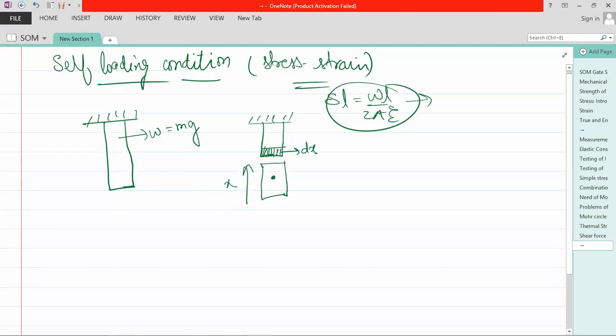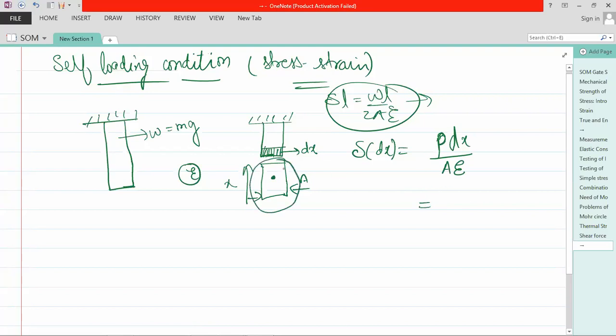Suppose this is a separate element, the cross-section area is A, and E is the modulus of elasticity. Now, what is the elongation of the dx element? That is P dx upon A E. Now, what is P? Can anyone say P? P is actually the load acting on this portion, the weight of the body below.